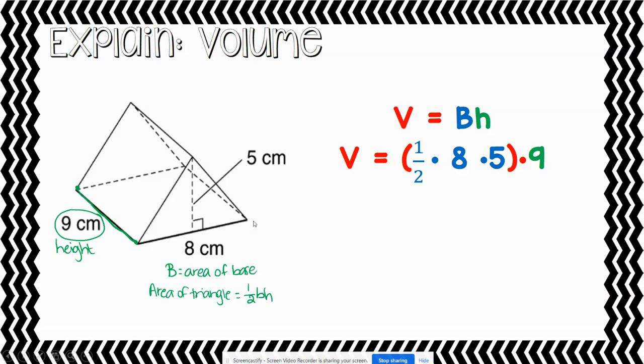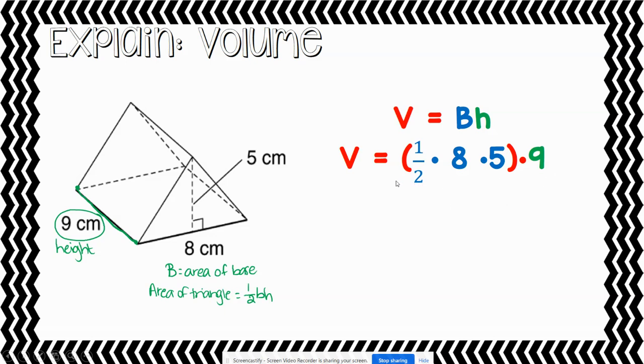Well, the base of the triangle is 8 centimeters, and the height of the triangle is 5 centimeters. So I would do 1/2 times 8 times 5. Then I'm multiplying all of that times the height of the prism. Well, the height of the prism is 9, so that's why I'm also multiplying this by 9.